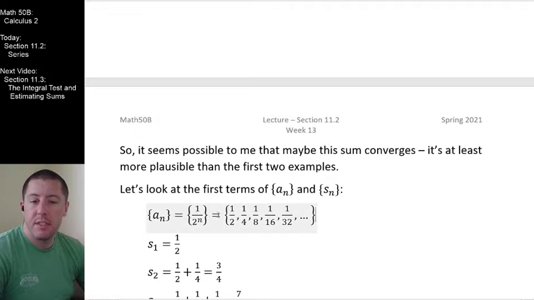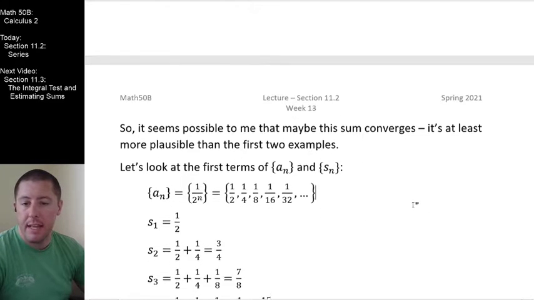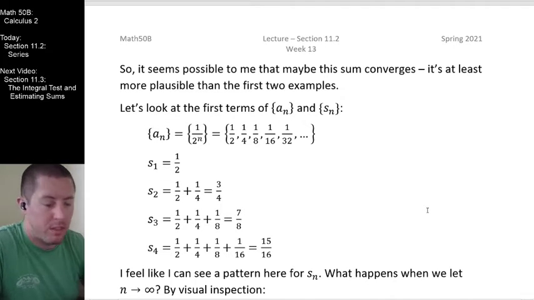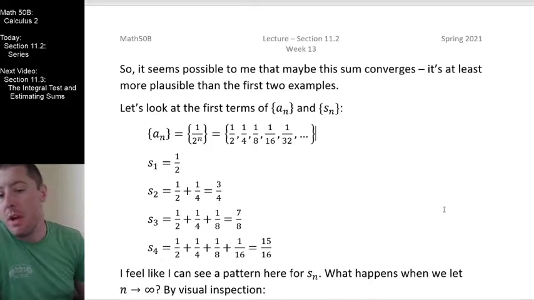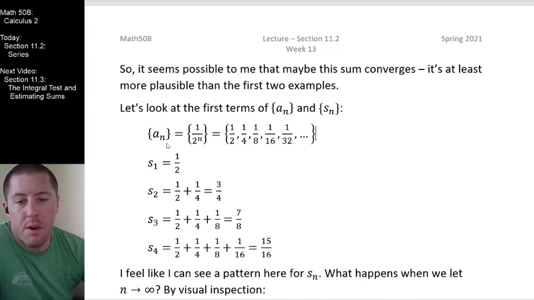The next question is, now that I know what a sub n looks like, what does s sub n look like? And even better, can I state it pretty succinctly? And so here's what I'm seeing for s sub n. It looks like s sub n is going to have us adding up 1/2 for the first, so the sum of the first one term is 1/2. Then we add in 1/4, and we can see from some quick fraction math that a half plus a fourth is 3/4.